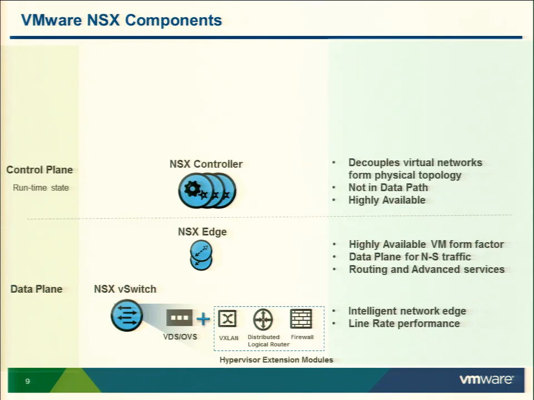We have the controller. Think of the NSX controller as the brains of the operation. It decouples virtual network topology from physical. It knows all state of the topology at any given point in time. And it is, again, highly available and built on a scale-out architecture.